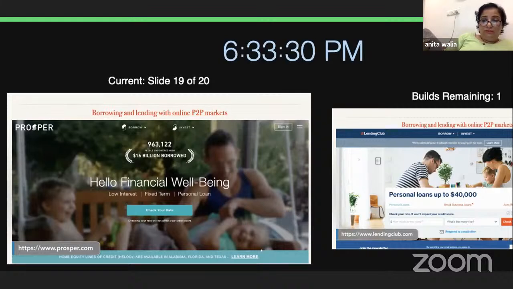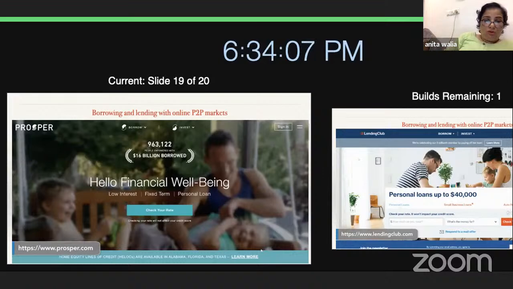The difference from a traditional bank, where you fill out a loan application, say for a business loan, at SBI or HDFC or whatever bank, is that Prosper and Lending Club are borrower and lender platforms. They will let you invest your own money or borrow money from others. So there are sets of investors and sets of borrowers.